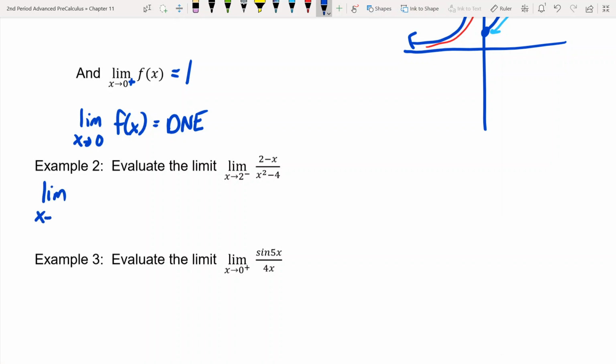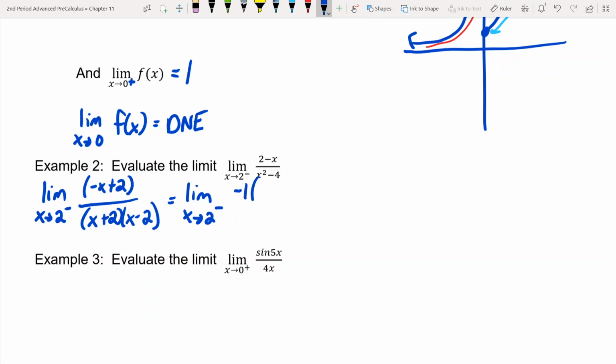So the limit as x approaches 2 from the left, at the top, that could be rewritten as negative x plus 2. The denominator, we've got x plus 2, x minus 2. And then if I simplify a little more, the limit as x approaches 2 from the left.